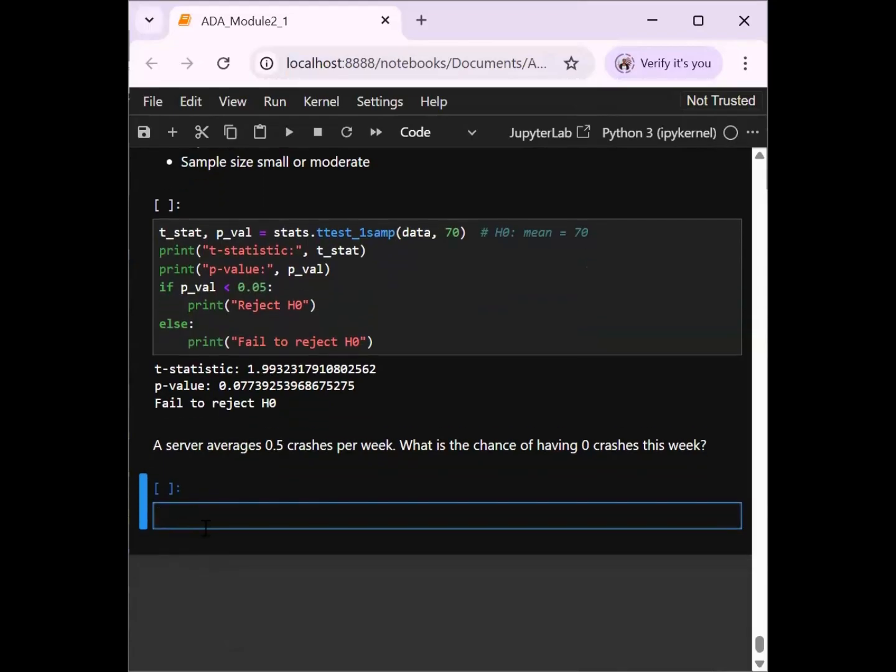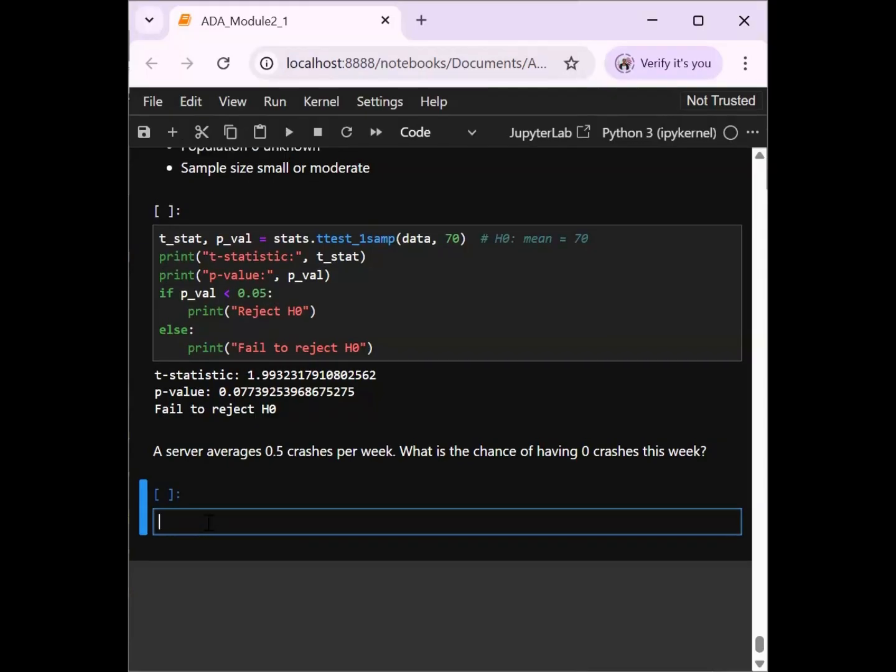So now we have this. What do we do? We have to define our values, and then how do we know the probability of having 0 crashes in a week? Do we just guess the value? I think the probability should be between 50 and 70, 70%, that would be 0.7.